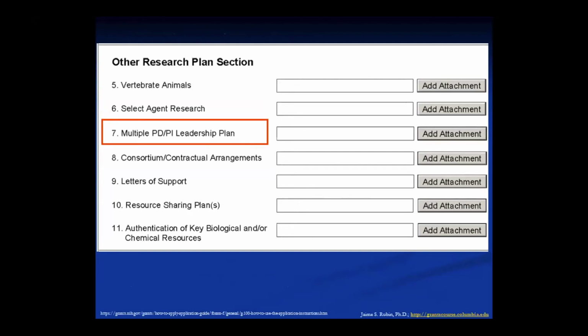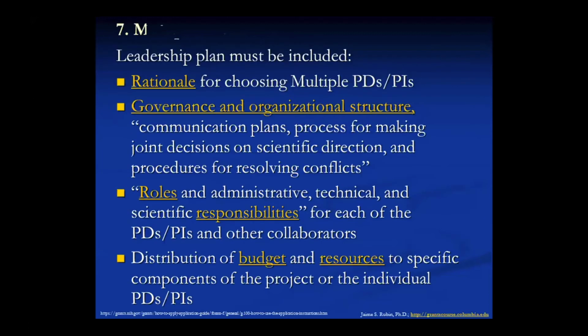Multiple PI or leadership plan. A number of years ago, NIH switched from only allowing one principal investigator, or PI, per grant to allowing more than one PI. Now, in some cases, this works very well if the 2 or more PIs have complementary but different areas of expertise.